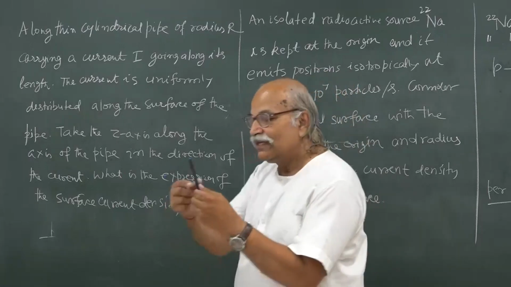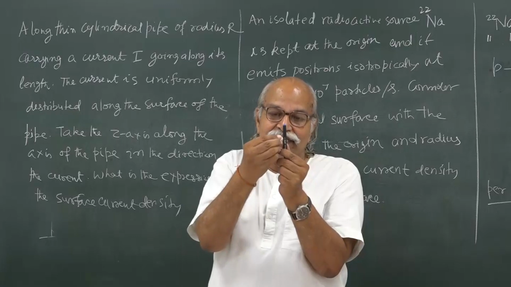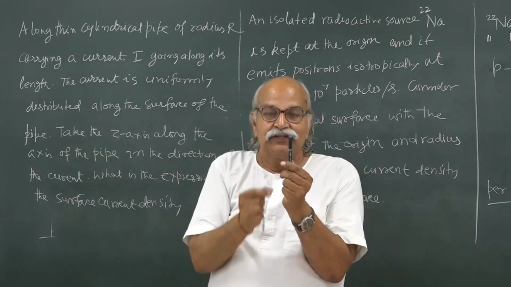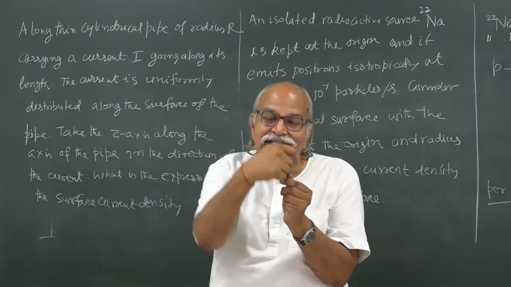So, here the total current is I, so I can take any periphery on this pipe. The current is going from this side to that side, and it is crossing this periphery.